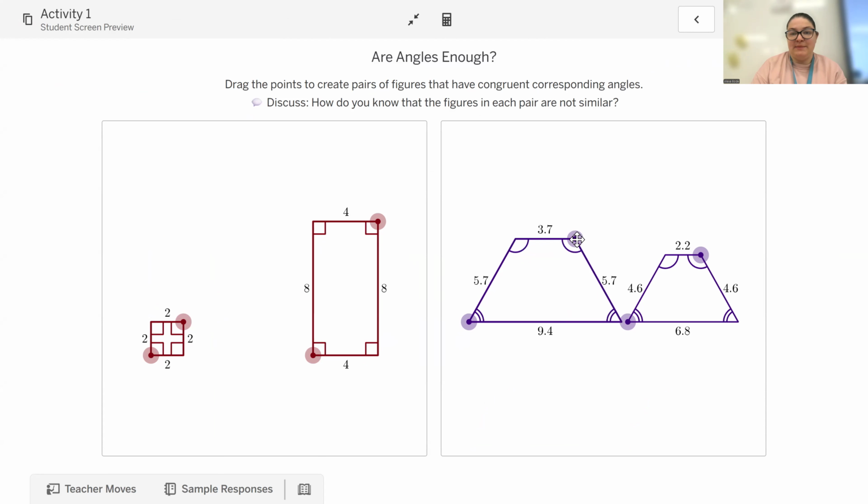If I have the same angles, this is keeping the same angles with trapezoids. It's keeping my angles the same, but just allowing me to make it larger. Trying to get 4.4 up top.